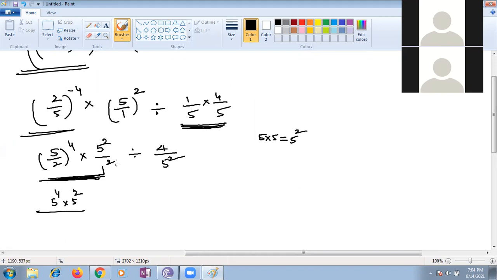And in the denominator, 1 square we can leave, because 1 multiplied any number of times gives 1. So here 2 raised to 4. Division we can make as multiplication, and what does it become? Ma'am, 5 raised to 4, 5 raised to 2. Very good.